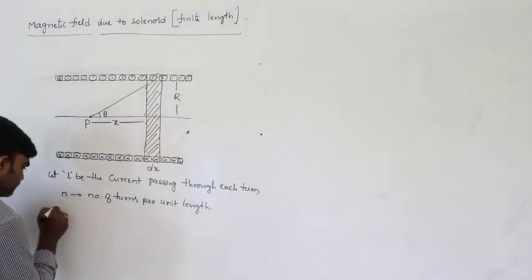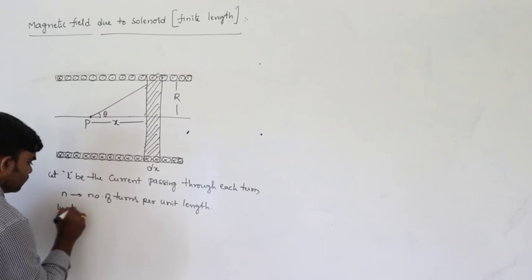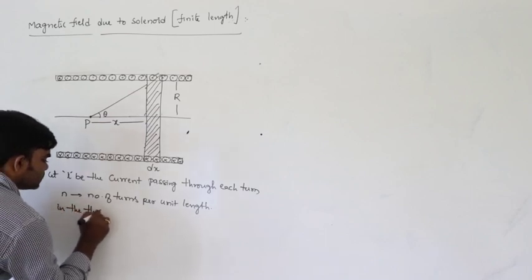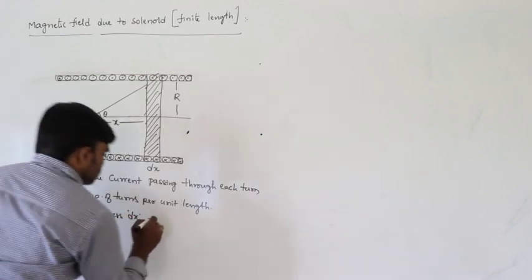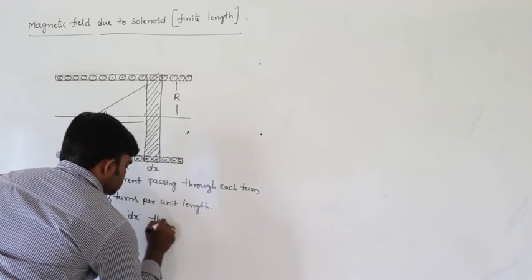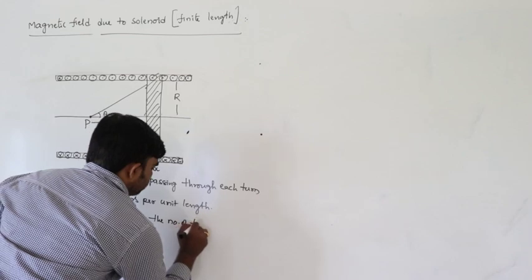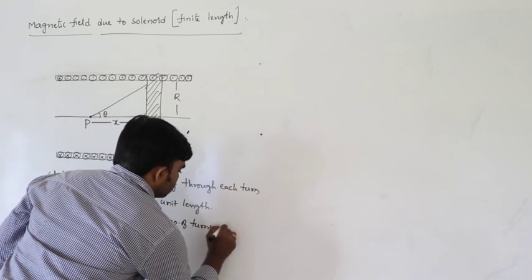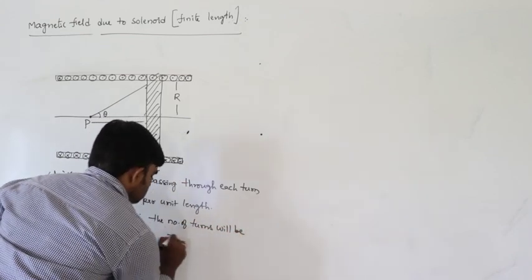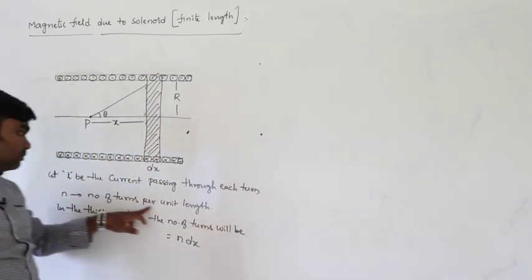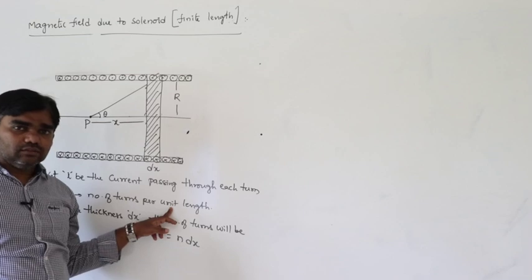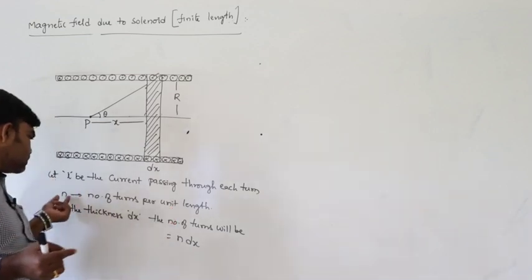So let us say in the thickness dx, the number of turns will be small n into dx. Small n is the number of turns per unit length. Per 1 meter, let us say the number of turns is n.